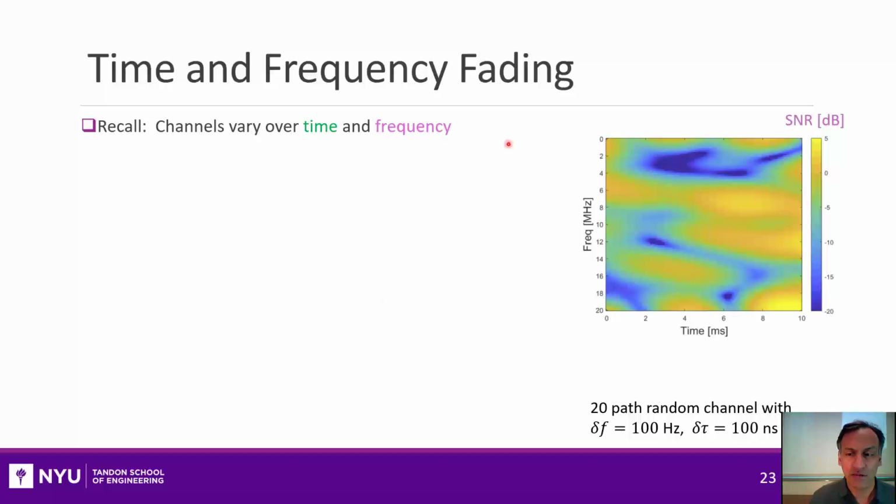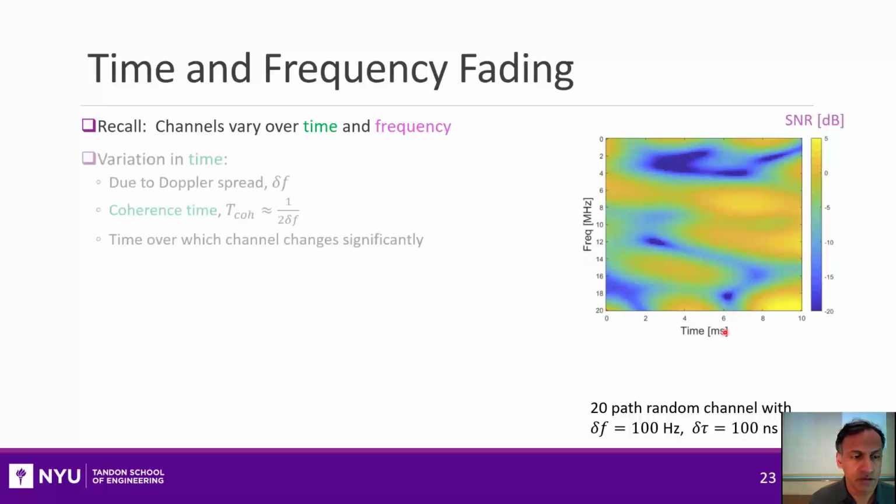So just as an illustration, I created the time-varying frequency response for some synthetic channel with about 20 paths, and the Doppler spread is 100 hertz, and the delay spread is about 100 nanoseconds. And you can see if I plot the SNR of that channel, it will vary indeed over frequency, and it will vary in time. Now, the variations in time, remember, are due to the Doppler spread.